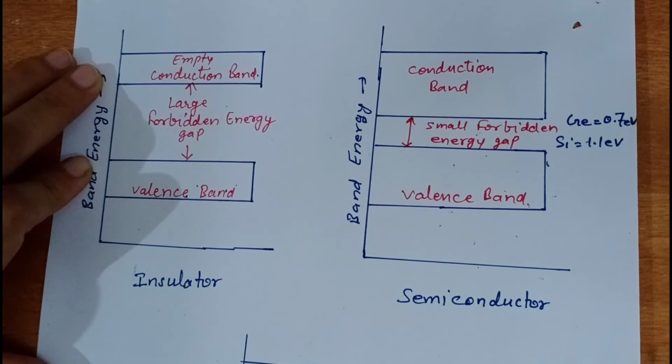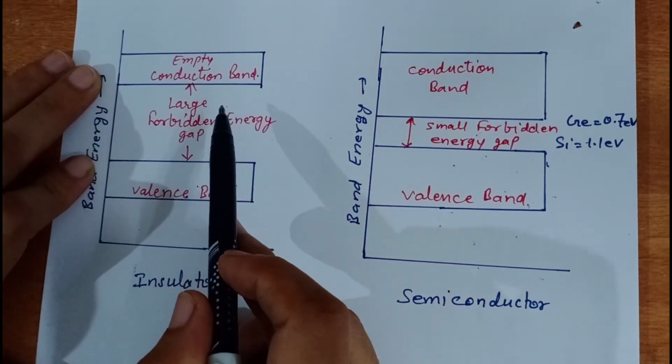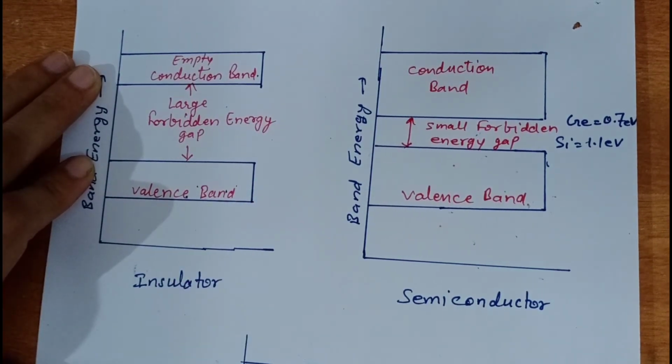If we provide very high energy to the insulator, some of the electrons may jump to the conduction band. So some of the materials are insulators at room temperature but are good conductors at very high temperature or when we provide them a very high electrical field.